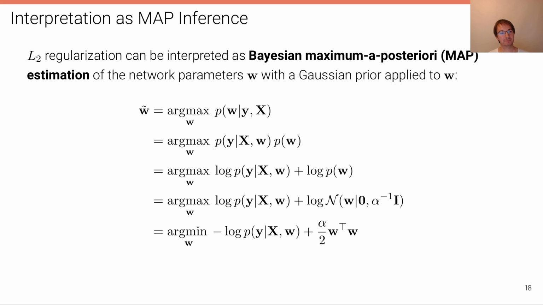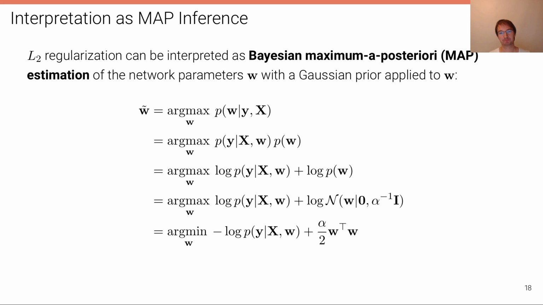And finally, I also want to show you the connection of parameter penalties to Bayesian MAP inference, because this L2 regularization has an interpretation as maximum a posteriori inference.